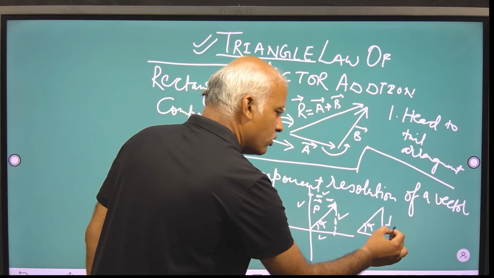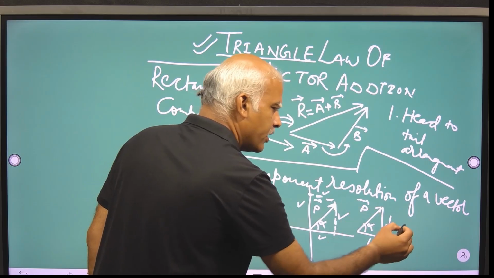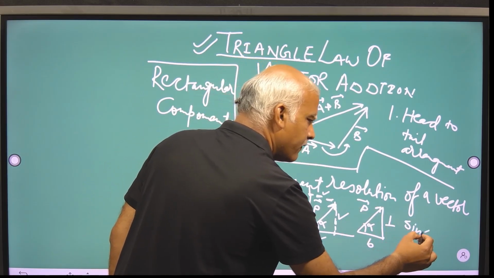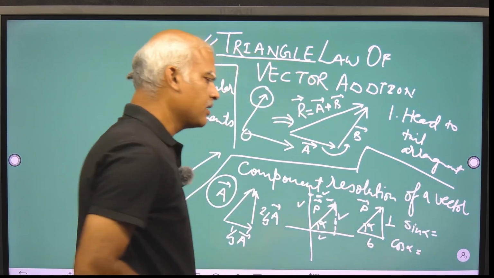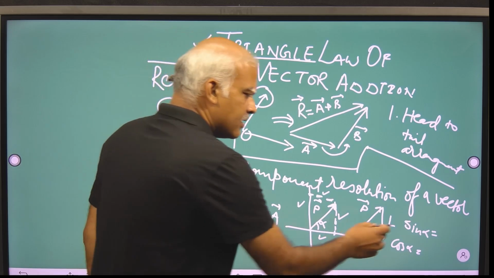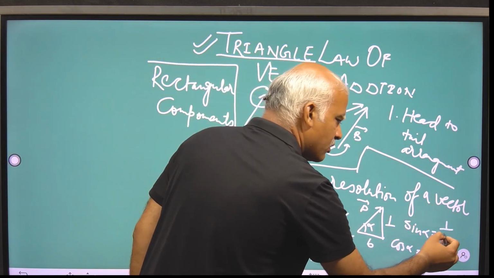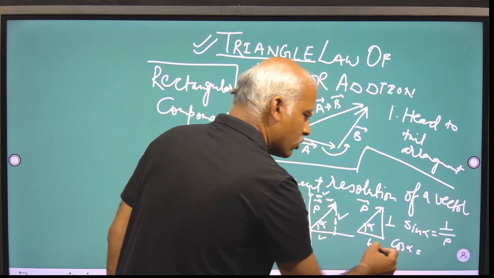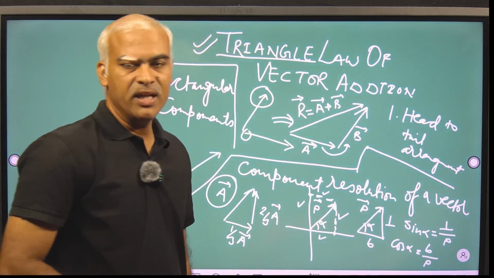It has a perpendicular, a base, and your given vector P as the hypotenuse. Now I will write the sine alpha and cos alpha trigonometrical ratios for this particular triangle. Your sine alpha will be perpendicular upon hypotenuse, that is perpendicular divided by P, and your cos alpha will be base divided by hypotenuse, that is base divided by P.